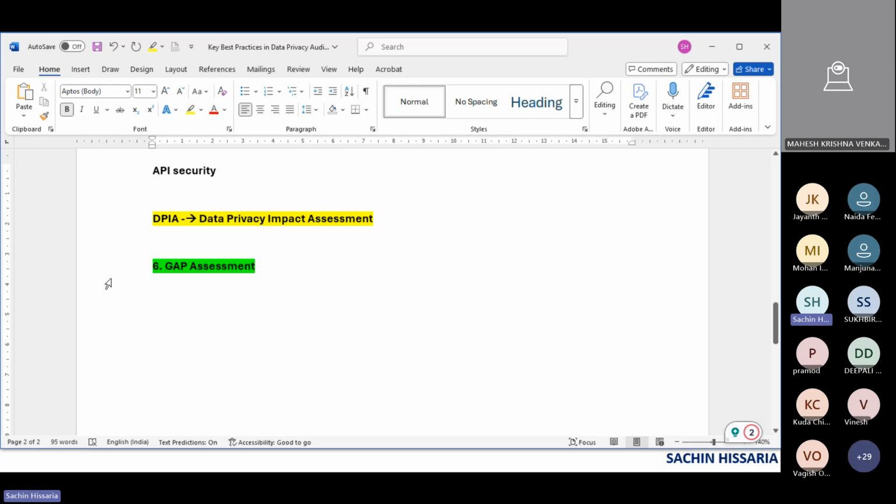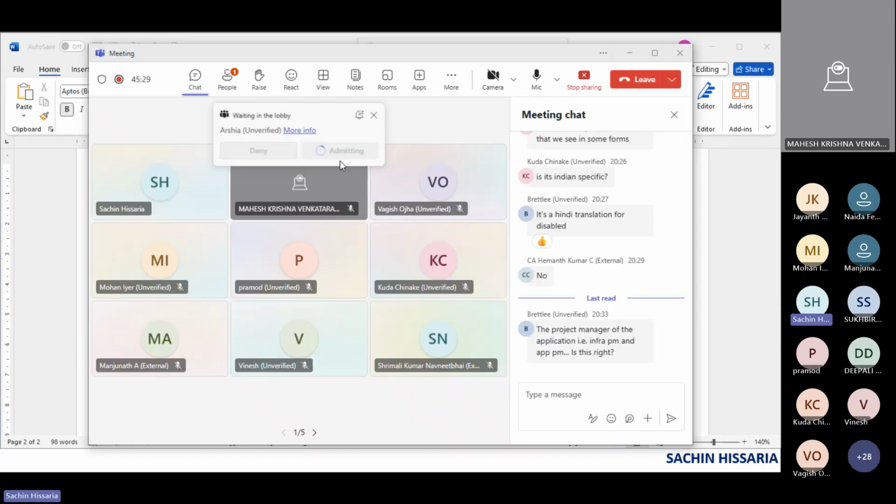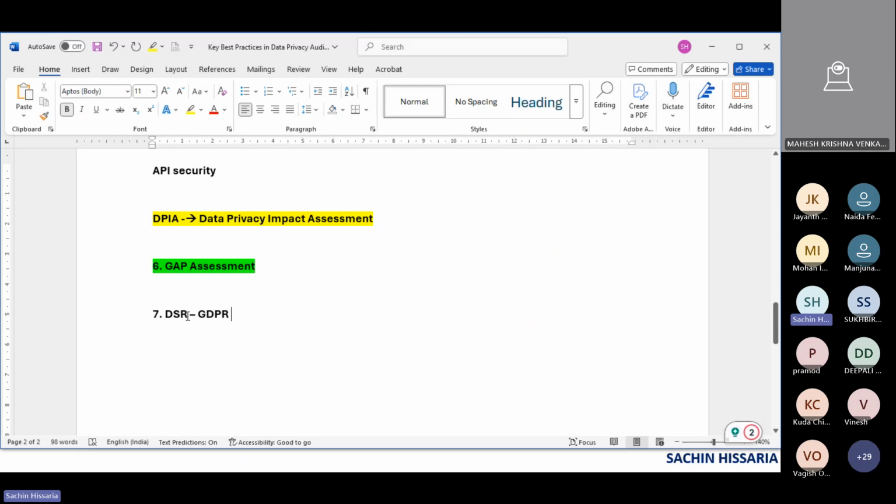Now, in this entire step, there is one more thing which is very important: the data subject right, which is again called a DSR. We are using this terminology quite frequently in GDPR. As per your country's data privacy law, you have to provide certain rights to the data subject.